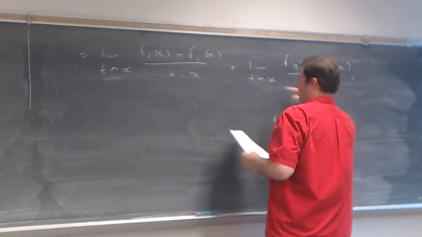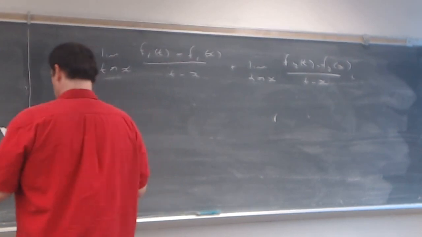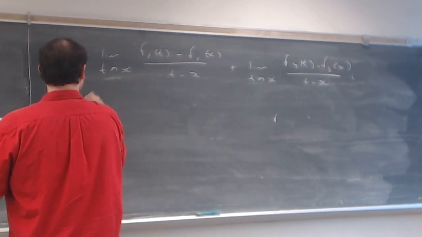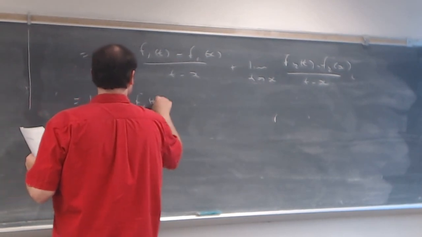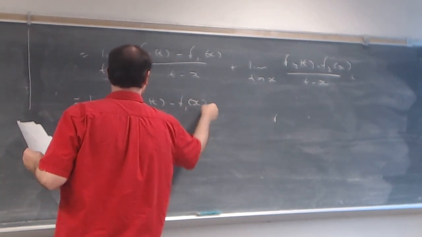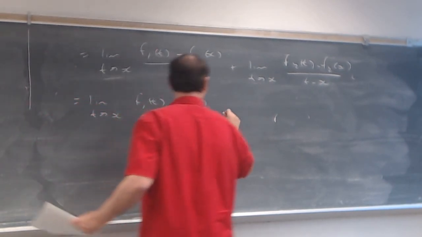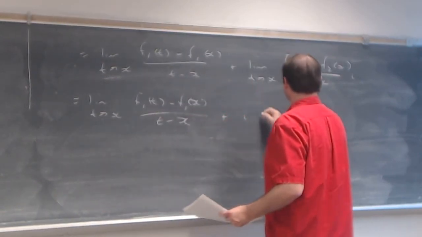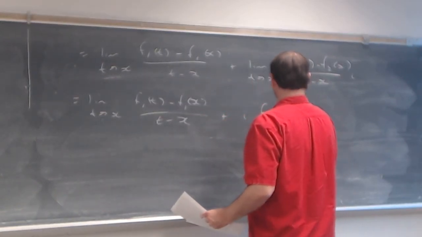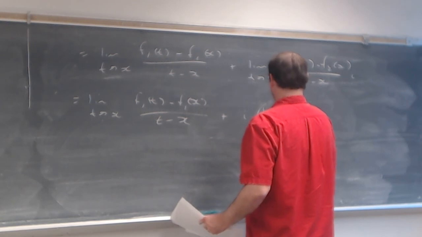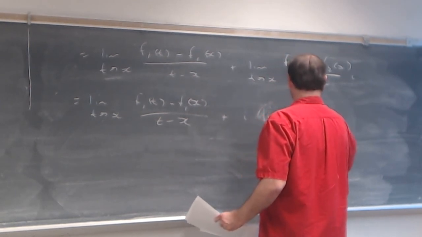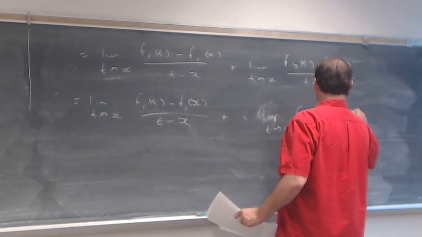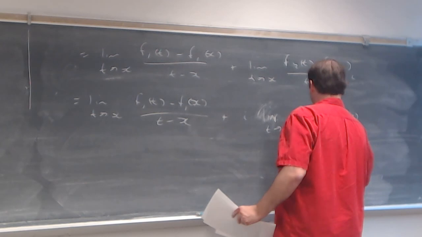This is times I, pull the I out front, which is equal to the limit as t goes to x of f sub 1 of t minus f sub 1 of x all over t minus x plus I times the limit as t goes to x of f sub 2 of t minus f sub 2 of x all over t minus x.